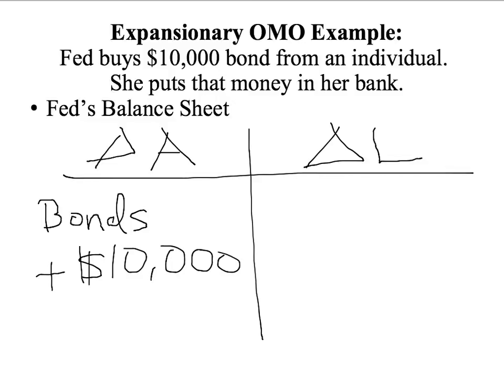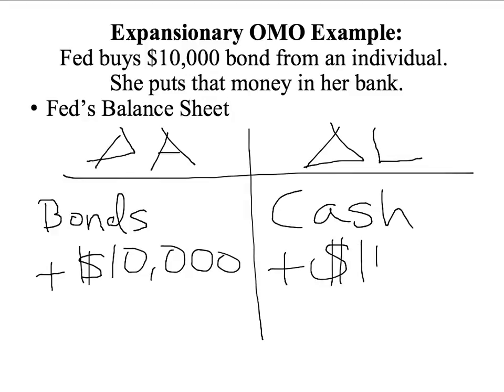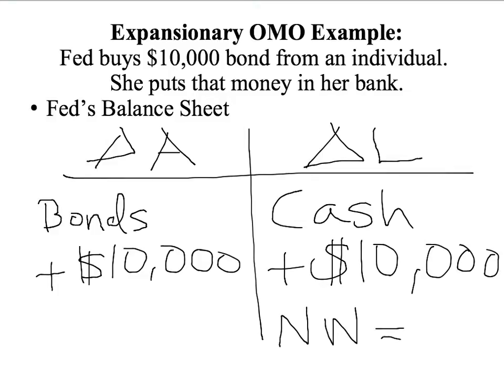Remember how each dollar bill says Federal Reserve note? They're responsible for that. That's a liability for the Fed. So any money that they produce is considered a liability. So when they give out $10,000 to buy a bond, we have to count that as an increase in the liability from cash. So remember, what's our net change? Our change in net worth is still equal to 0. Okay, so that's the Fed's balance sheet.